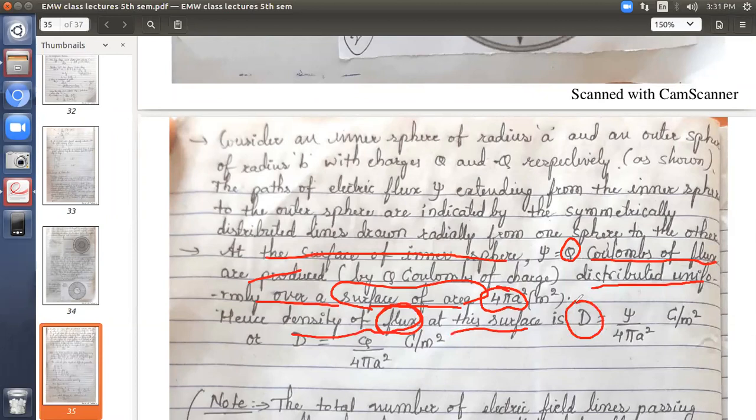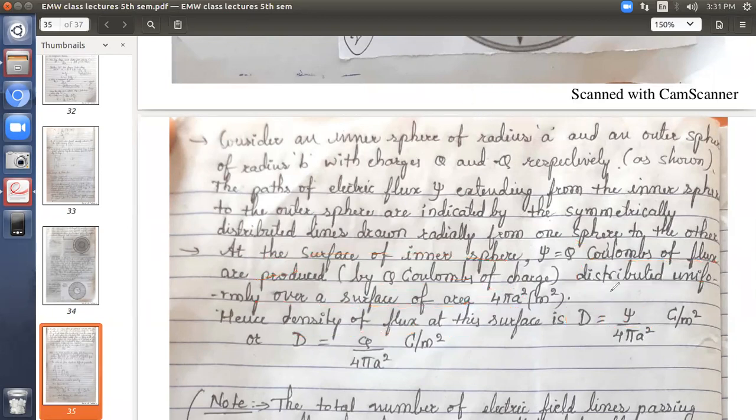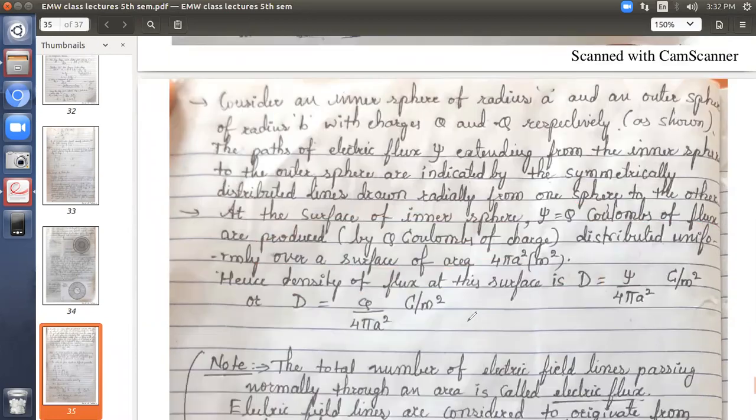We call that capital D. So capital D is the charge accumulated, that is psi, which is equal to Q according to Faraday, psi divided by the area of the sphere, 4 pi a square. This is capital D. D is the flux density.